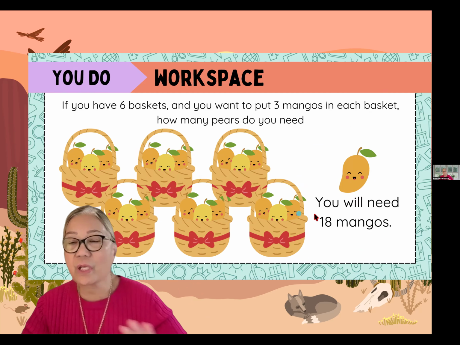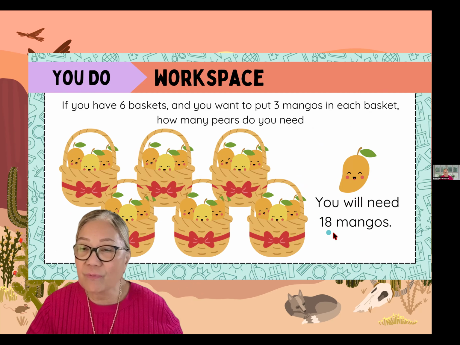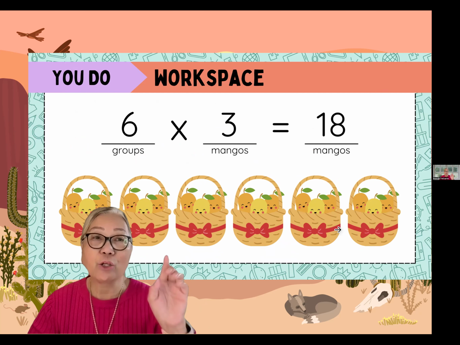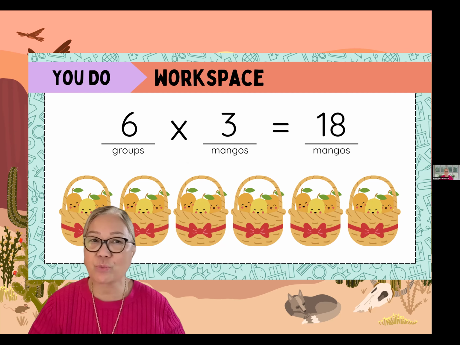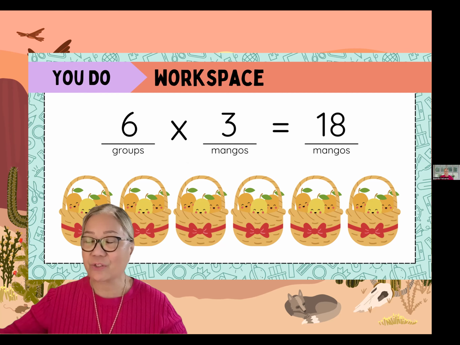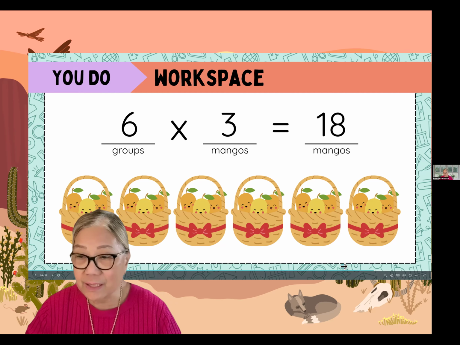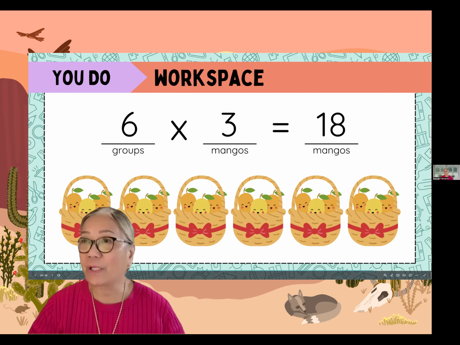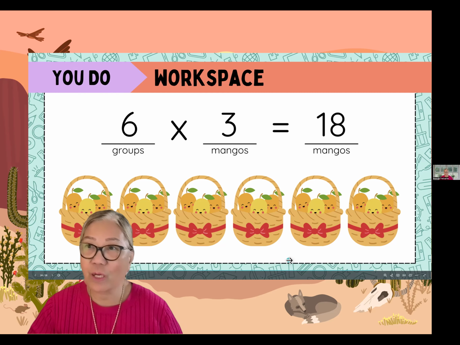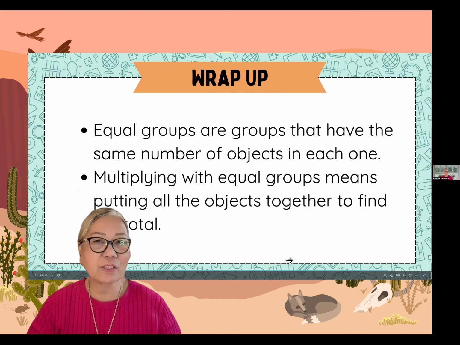Adding all the threes, you're going to have 18. And your multiplication equation would be 6 baskets or 6 groups of 3 is 18. I think it is clear enough now. Okay? All right, now let's move on.